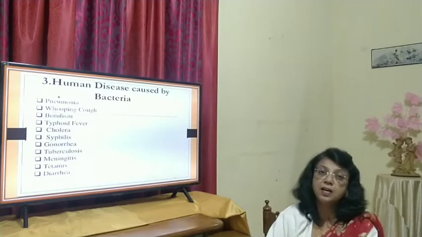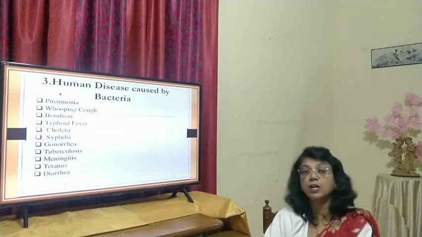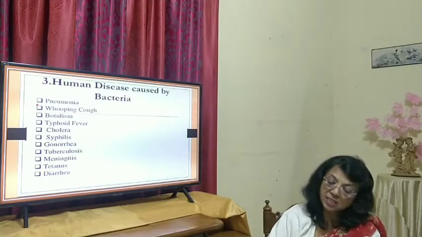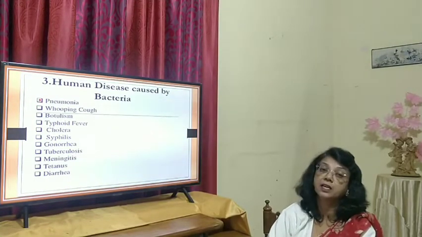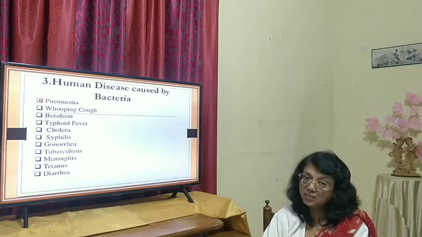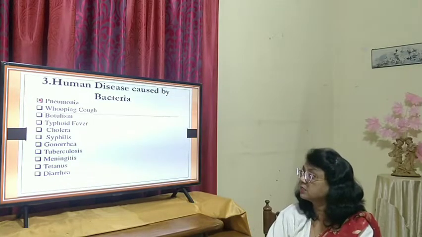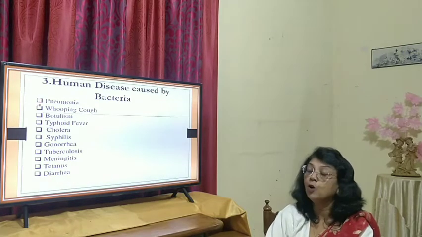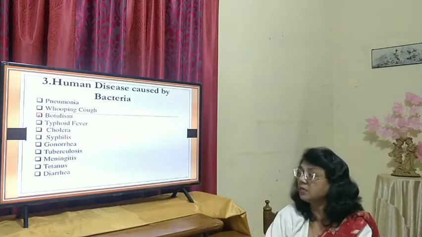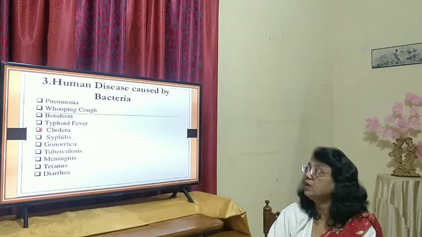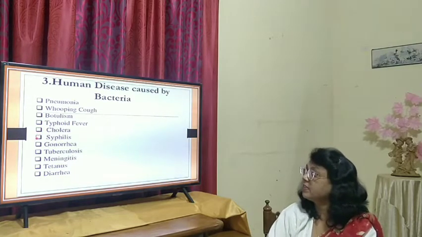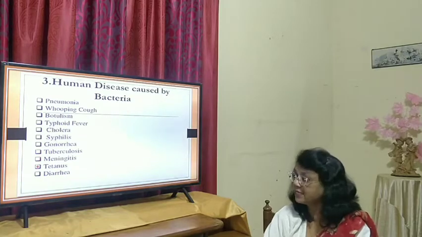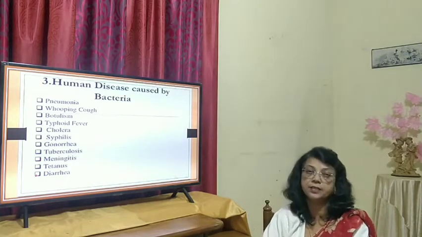The bacteria are also responsible for causing certain diseases. These diseases could be in plants as well as in humans. And the diseases are like pneumonia, whooping cough, botulism, typhoid fever, cholera, syphilis, gonorrhea, tuberculosis, meningitis, tetanus, and diarrhea.